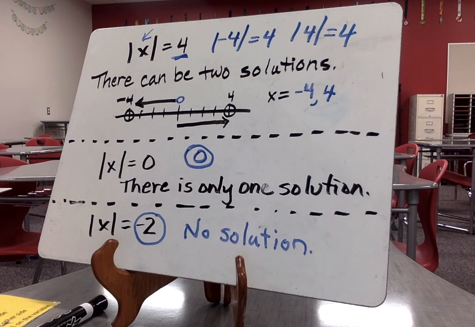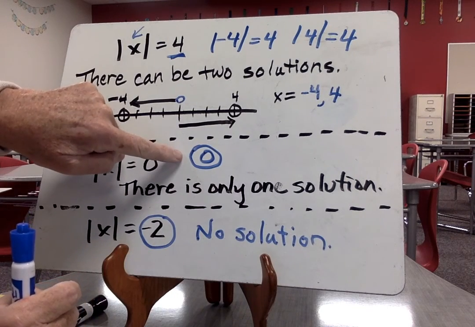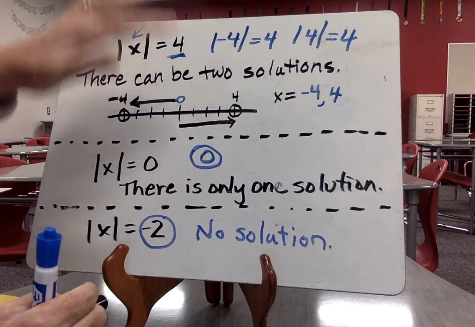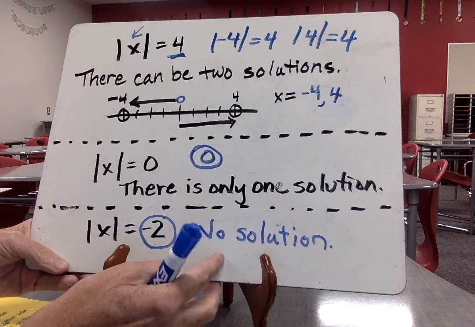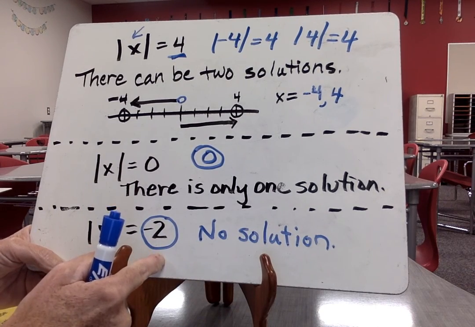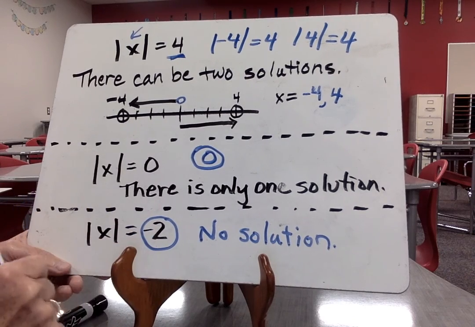Okay? So again, there's 3 different solutions there could be. There could be 1, which is only when it's 0. There can be 2 when this number out here is positive, and there's no solution when the one on the outside is -2. If we put anything in here for x, we can never come out to -2.